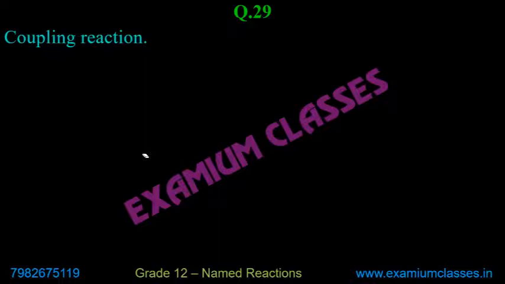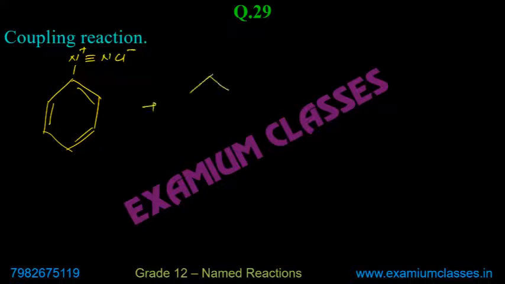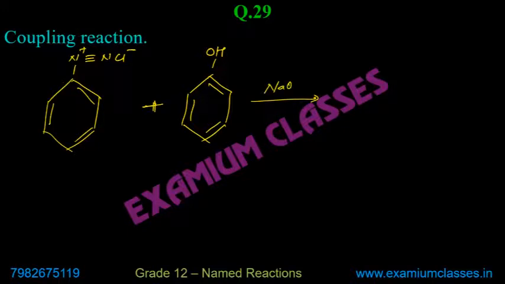Just explaining, you know that we have diazo group and we get it reacted with the phenol in presence of any alkali, NaOH.